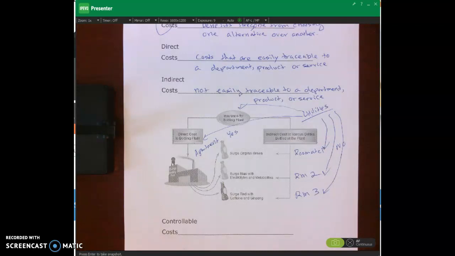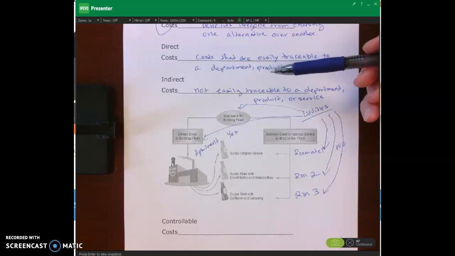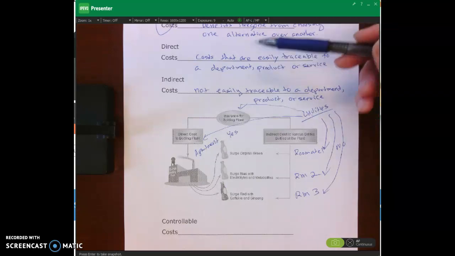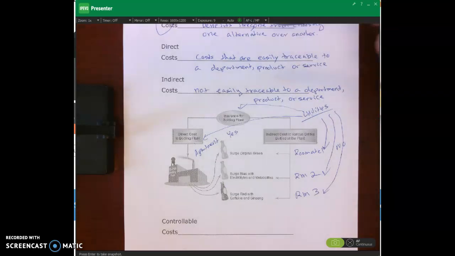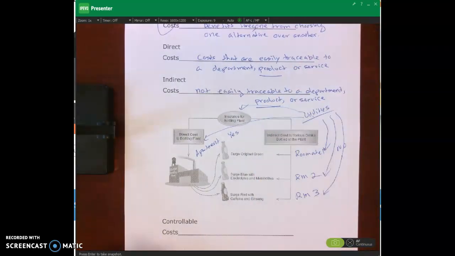Now, when we are discussing direct costs versus indirect costs in this chapter, and also in chapter 19 and chapter 20, chapter 19 is job order costing and chapter 20 is process costing, what we're really saying is, are those costs easily traceable to the product that we make?